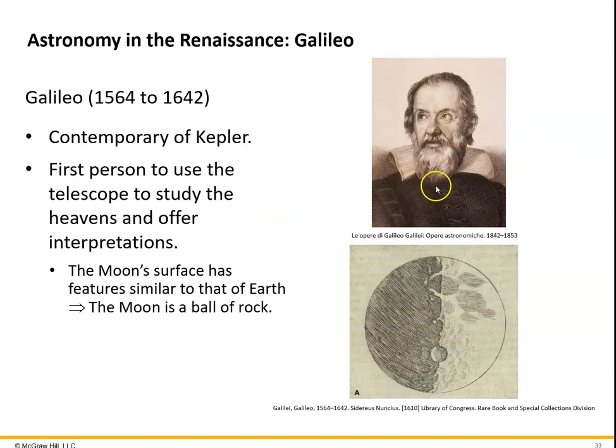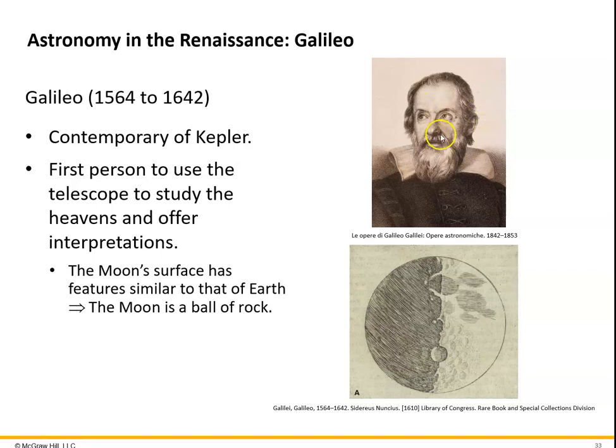He doesn't invent the telescope, mind you. This is just a painting of him because they lived so long ago. There were no photographs. There certainly were pictures of him. They had drawings of him.